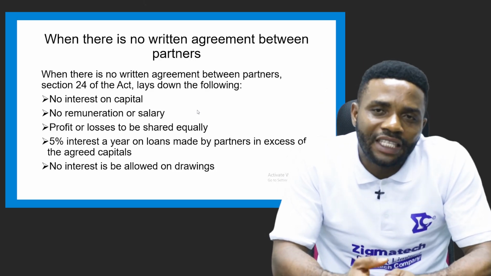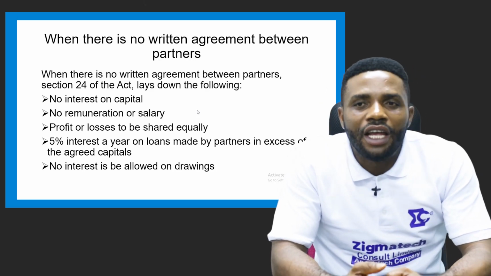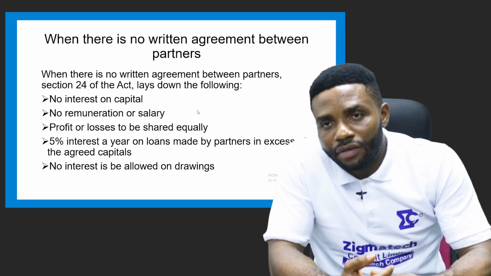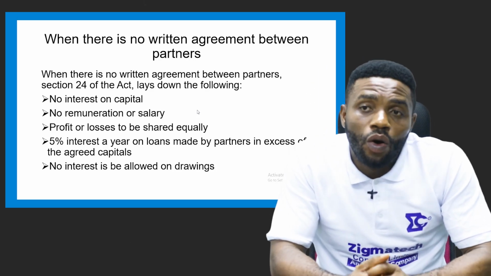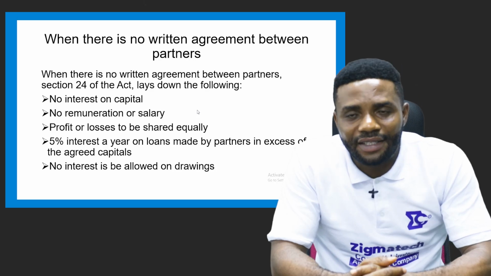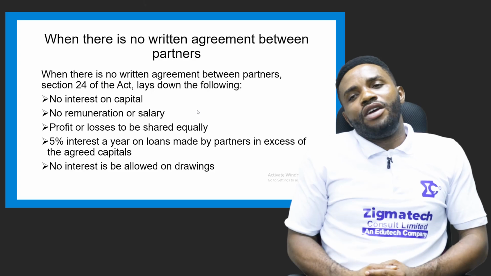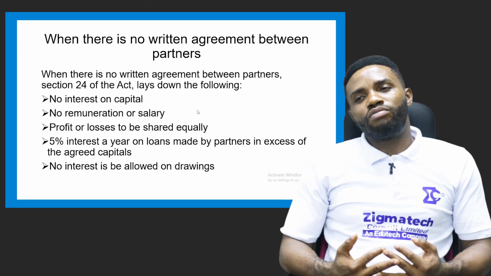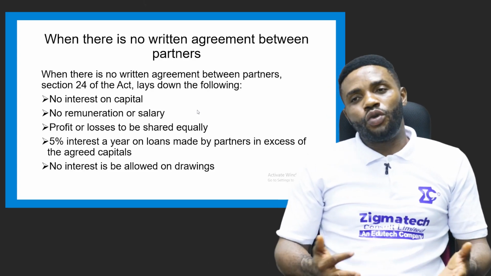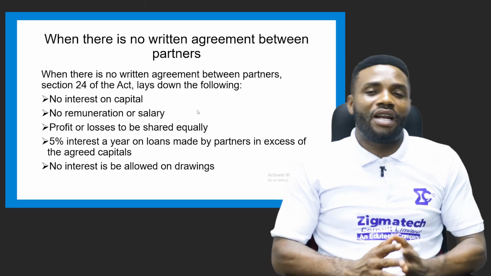And then the next is 5% interest a year on loan made by partners in excess of the agreed capital. Yes, some partners can be so buoyant, so well-to-do that they can actually lend to the partnership business.